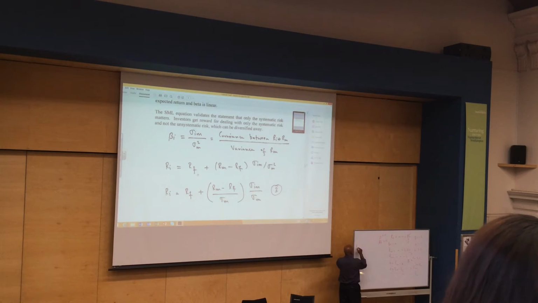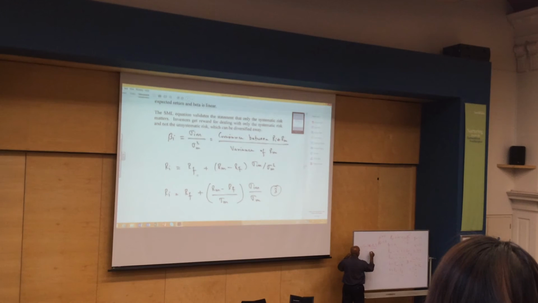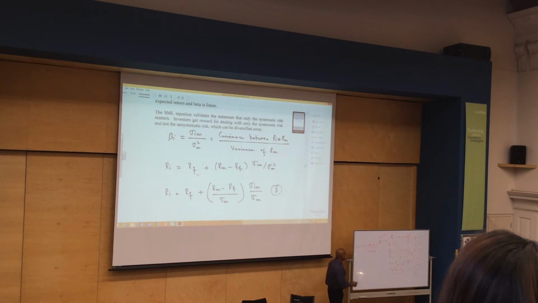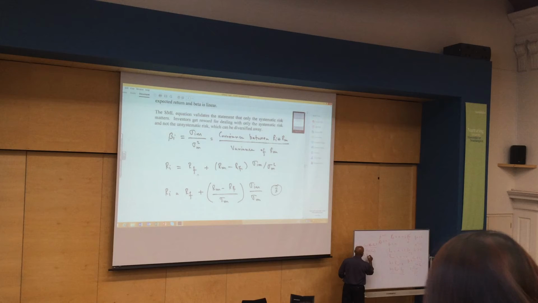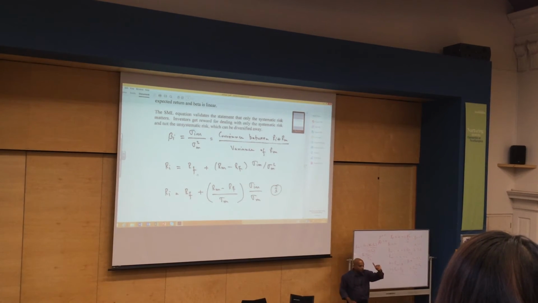The beta of the market portfolio is equal to the covariance between the return of market M and the return of market M, divided by the variance of market M. That's the beta of the market portfolio, just the market portfolio.